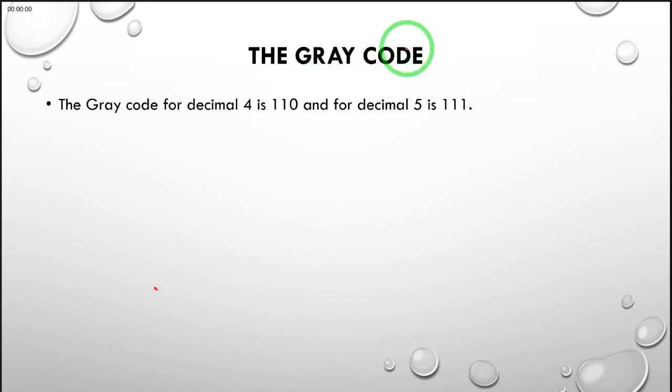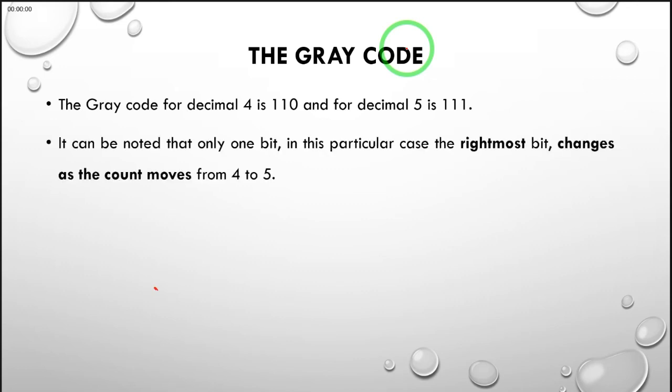So we want now to talk about an example. And before we do that, what we observe is more or less what I have been discussing, that when we transition from 4 to 5, only one bit has changed. In this particular case, the rightmost bit changes as the count moves from 4 to 5.